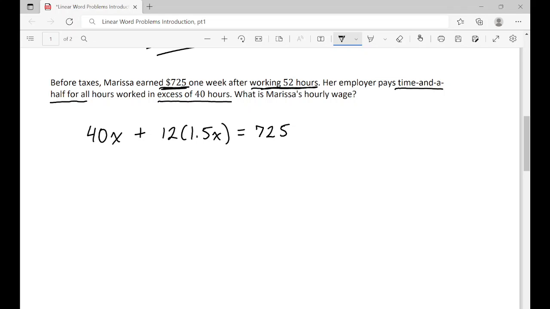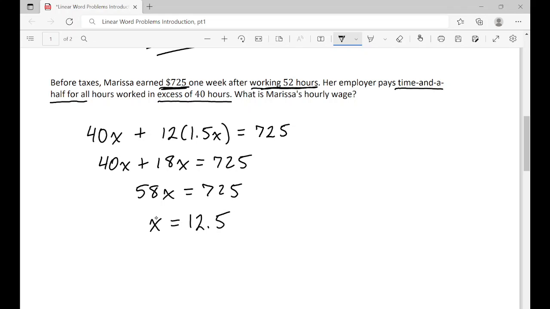And so from here, we can just solve the equation. 40x plus 12 times 1.5x is going to give us 18x, equals 725. 40 and 18 are going to give us 58x equals 725.